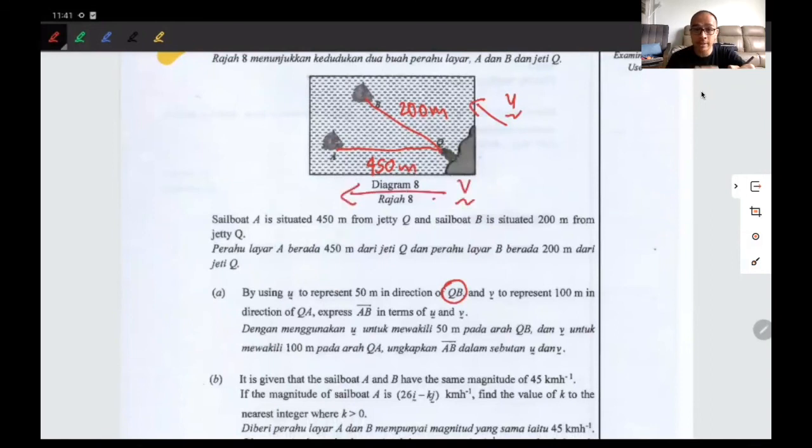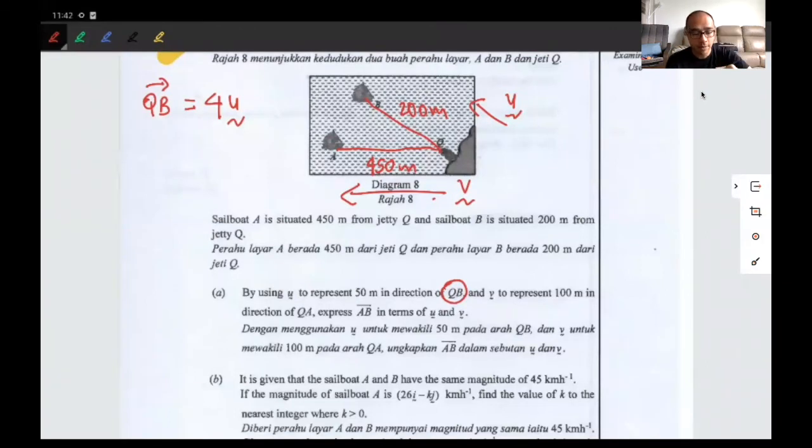Then vector QB is 4u, because 50 meters is 1u, so 200 meters is 4u.